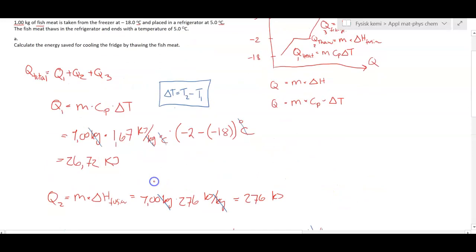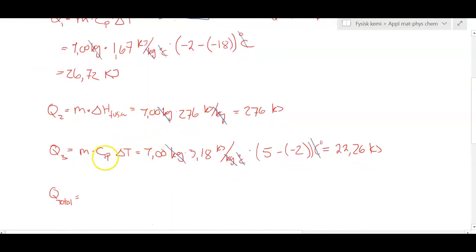That gives us a total of 324.98 kilojoules. So this is what is saved by thawing it in the refrigerator.